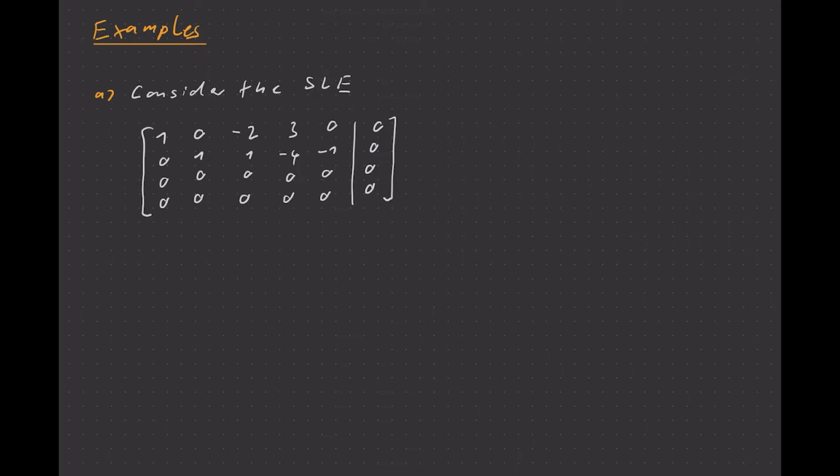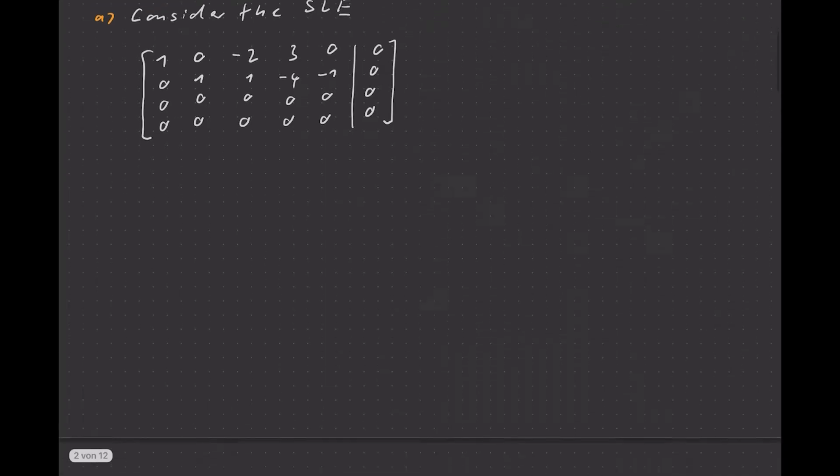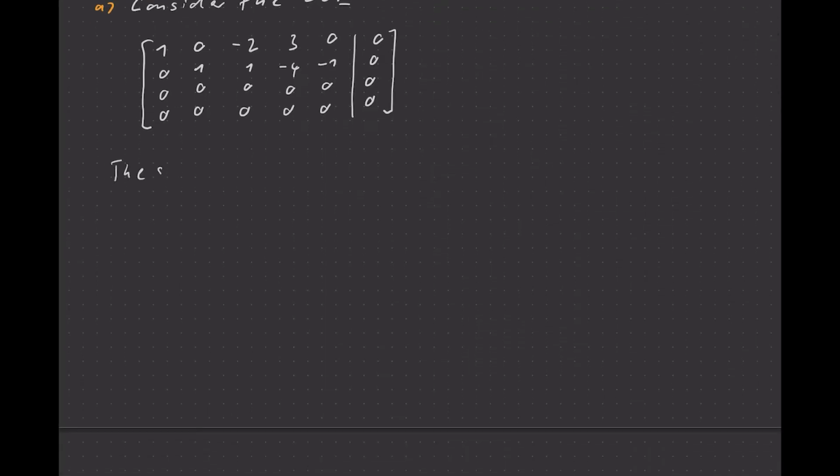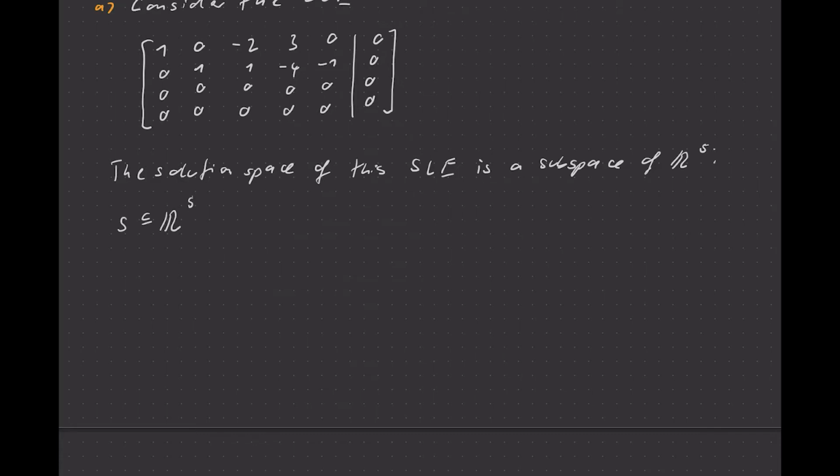Now, the solution space of that system is a subspace of R to the 5th, because we have 5 columns, so 5 variables in that system. We'll call the solution space S, so S is a subset of R to the 5th.